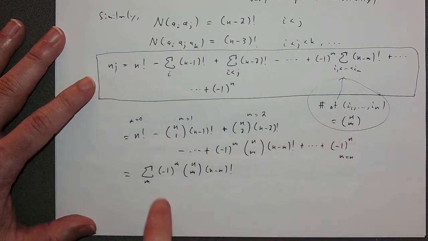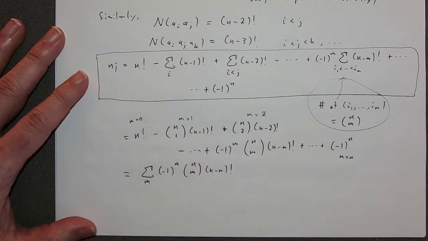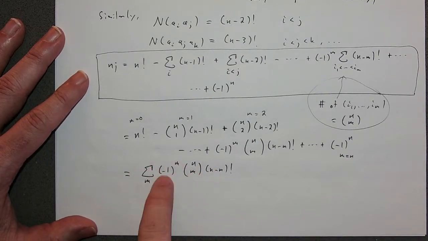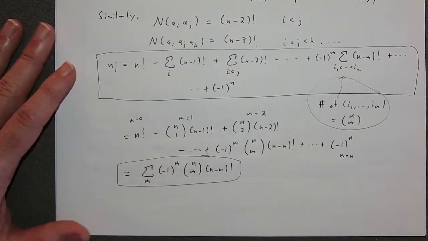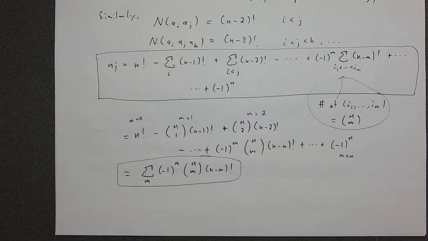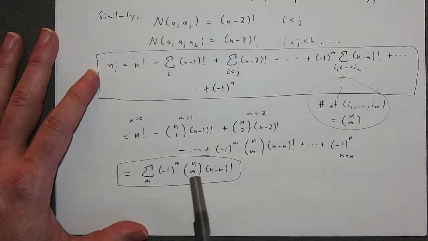Of course, there's an even better way of writing this. We can combine this very nicely. How can you write this more conveniently? Well, n choose m, of course, we know exactly what that looks like. That's n factorial over m factorial times n minus m factorial.